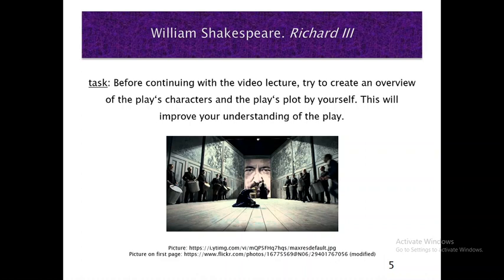There are many characters, and it might also be difficult to understand the play, the plot, and the character constellation, because many of the characters might have similar names, there might be similar Richards or similar Henrys, so it might be a slight challenge, but try to create an overview yourself and then please continue.